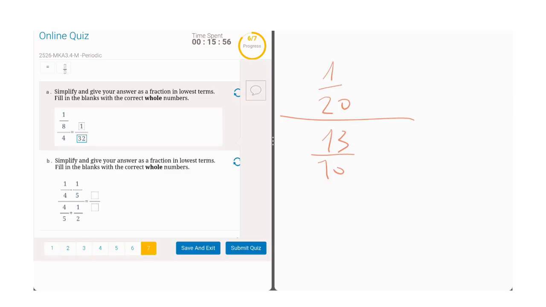So you can rewrite this as 1 over 20 all divided by 13 over 10. Keep change flip. We move the divide into the times, and then you'll have 10 over 13. Cancel 10 with 20. You'll have 1 here and 2 here. So you'll be left with 1 over 26.